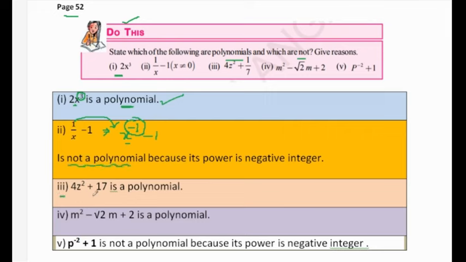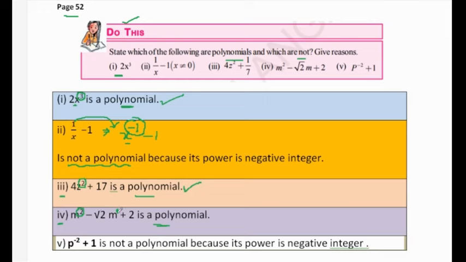Third one, 4z square plus 17. It is a polynomial because the power of z is a positive integer, 2 is a positive integer, therefore it is a polynomial. Fourth one, m square minus root 2m plus 2. It is a polynomial because the power of m here is 2 and the power of m here is 1.